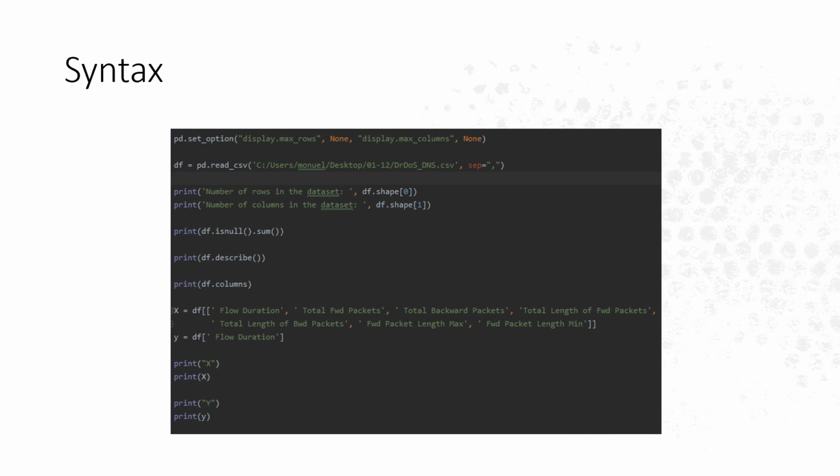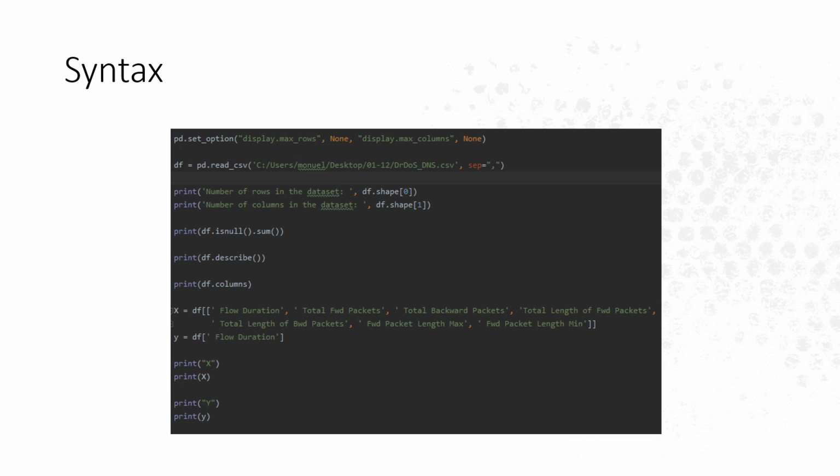Then we describe it with rows in dataset, columns in dataset, if it contains nulls, and so on. Then we pick a few attributes that are really useful for us. At the end of the course, it will be possible for the user to pick your own attributes that you are interested in.